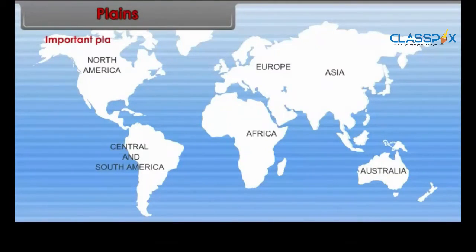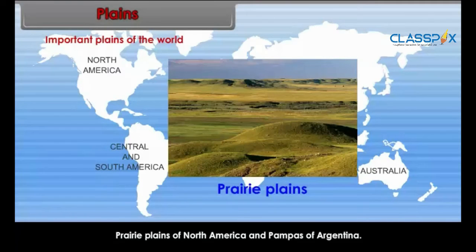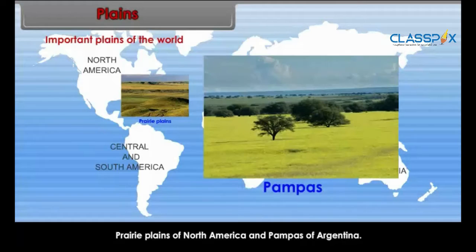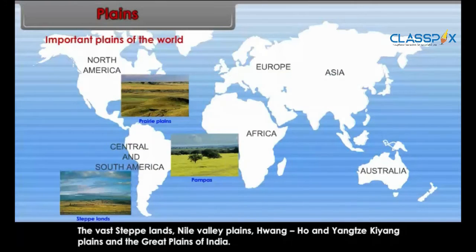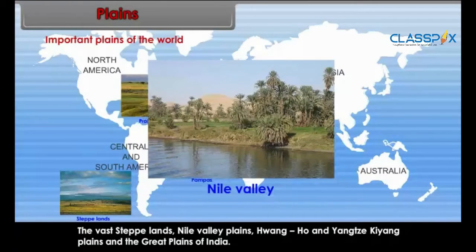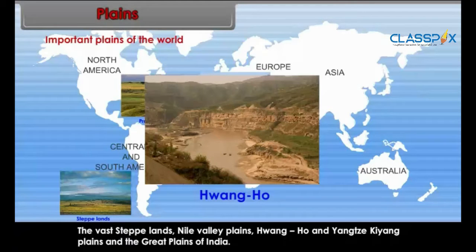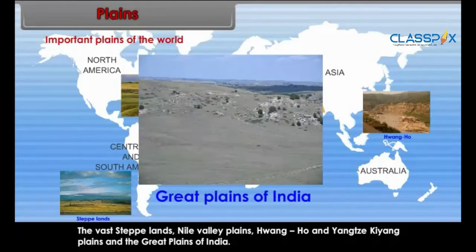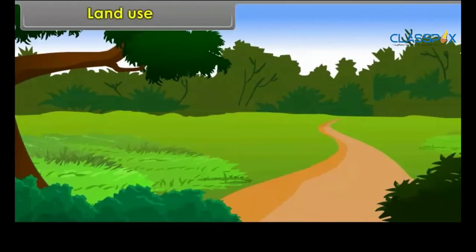Some of the important plains of the world are the following: Prairie Plains of North America and Pampas of Argentina, the vast steplands, Nile Valley Plains, Huanghe and Yangtze-Kiang Plains, and the Great Plains of India. Land use.